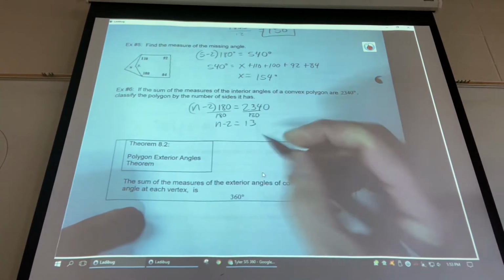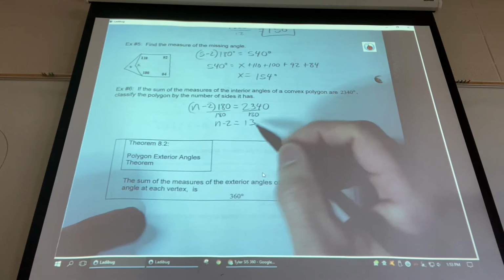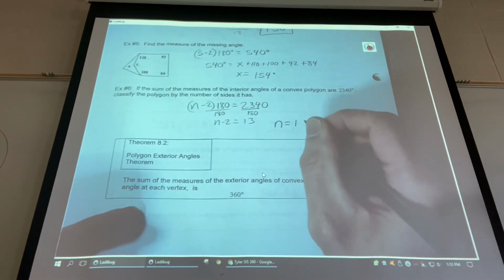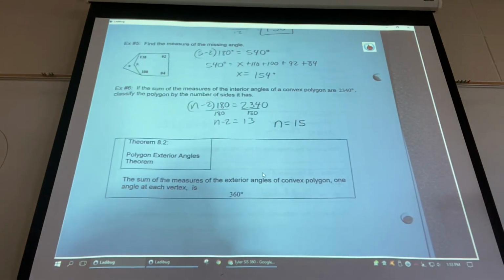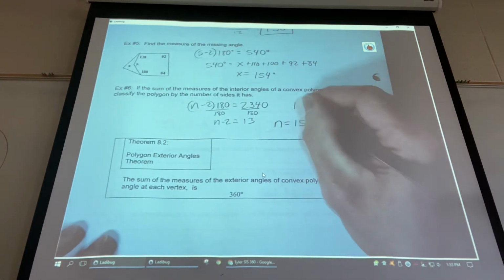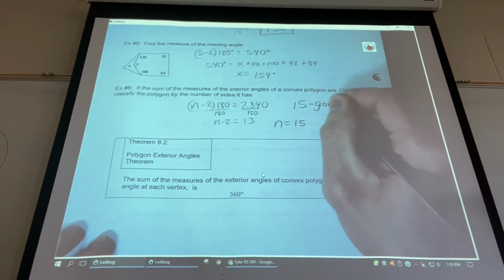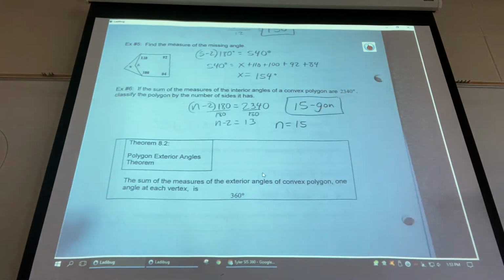And then what do you do to get n by itself? Add 2. So how many sides are we talking? 15. 15 sides. And if that had a name, we would go ahead and give the name, but I don't think we learned a 15-sided one. Let's call it 15-gon. It's actually just 15-gon.